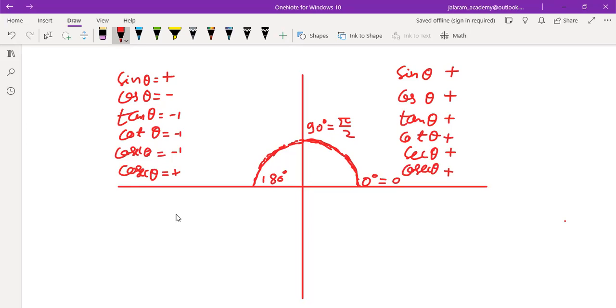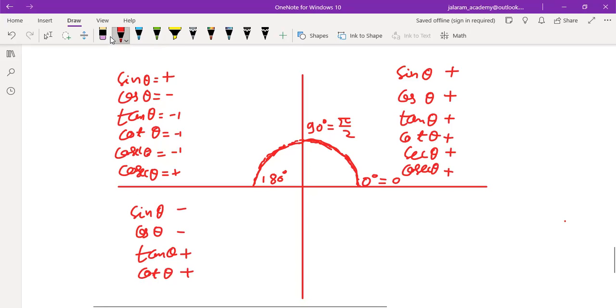Again, in the third quadrant, tangent is positive only: sin theta is negative, cos theta is negative, tan theta is positive, cot theta is positive. This is sec theta.